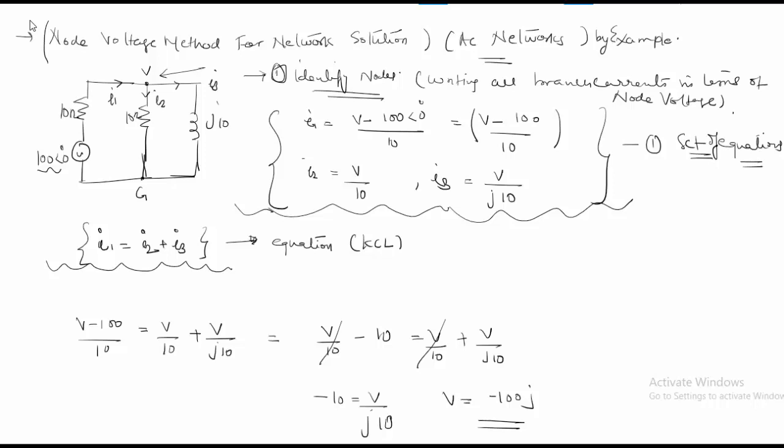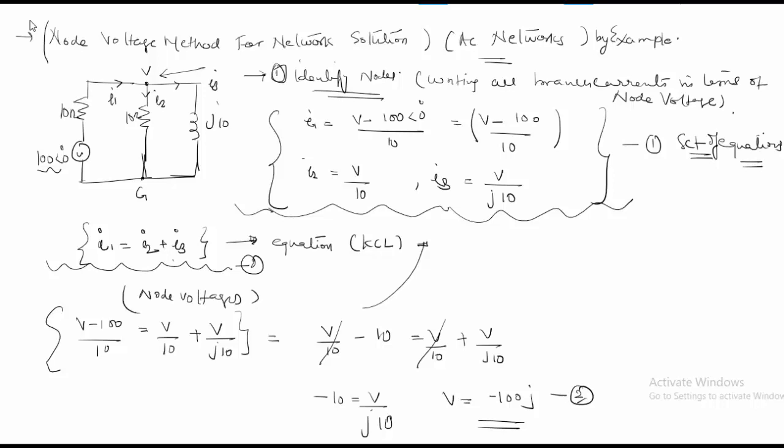Again, there is a check to verify it is correct. What were my I1, I2 and I3? This was my second equation and this was my third equation. If I substitute the value of V back, the second step is to get the node voltages.